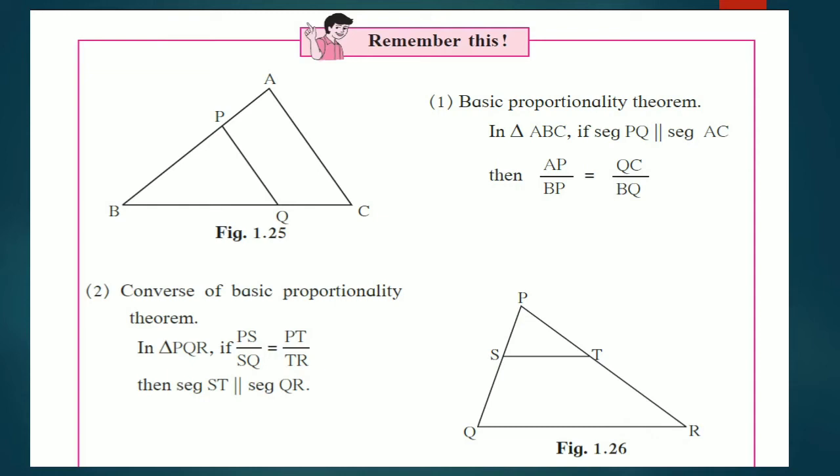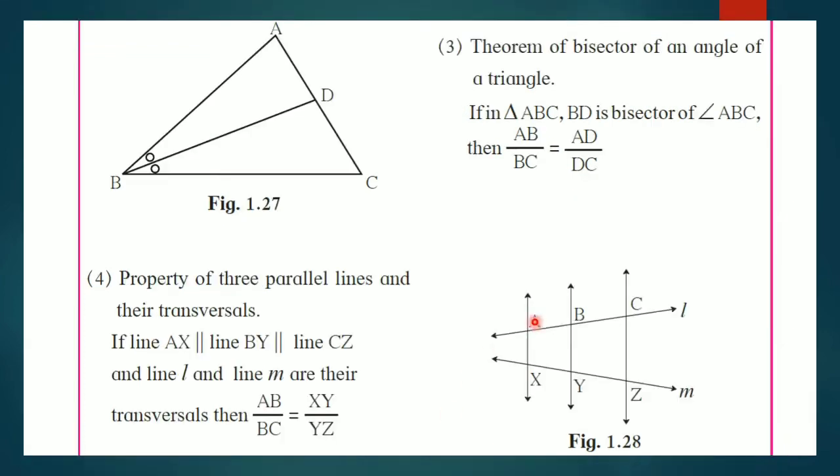The next theorem is the theorem of the bisector of an angle of a triangle. This property we proved in 2 ways. In one proof we used BPT, and in the other I gave an alternate proof using two properties, one regarding the angle bisector and one regarding the ratios of areas of triangles, and the converse also I had discussed.